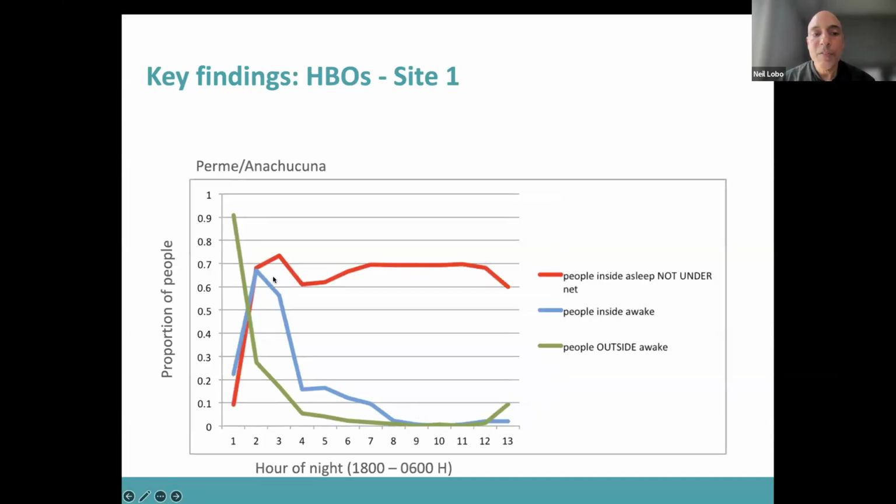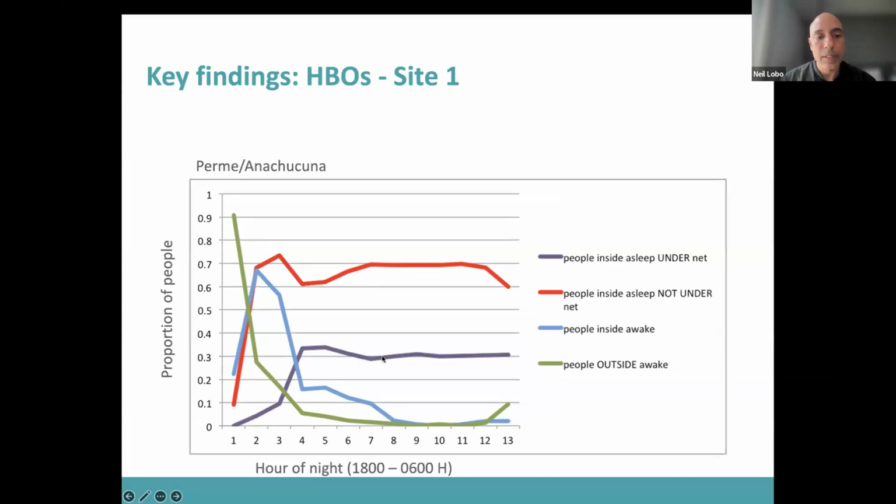And these are the number of people, the red line, asleep, not under bed nets. So you can see they're all going to sleep here, and these are the people not using bed nets. And this is the number of people asleep under bed nets. So you can see a lot of people over here are not using bed nets. And this is in site 1. You now know the name of the site, Permeana Chukuna.